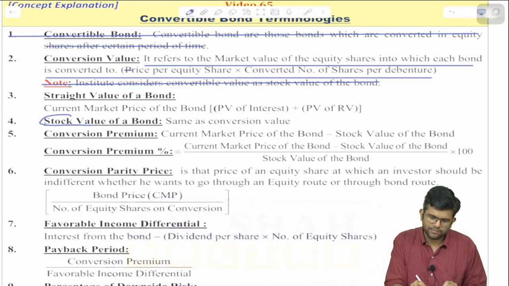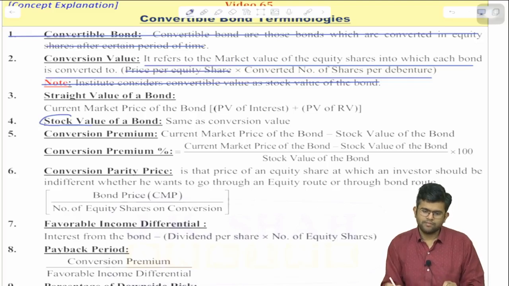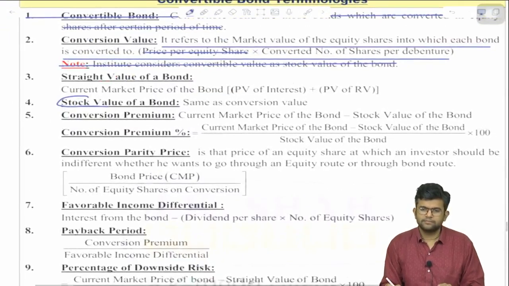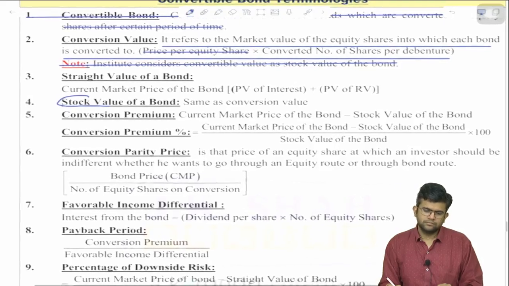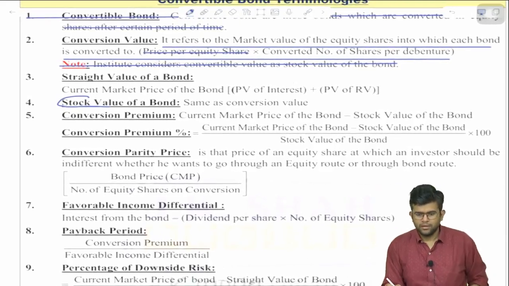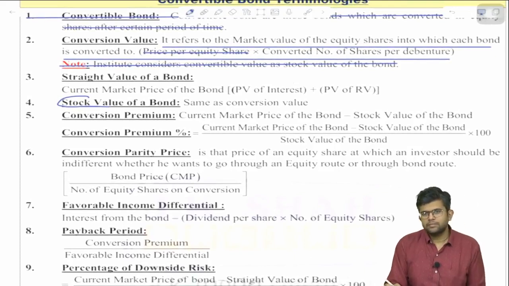Instead of price per equity share, if you are comfortable with MPS, you can write MPS. MPS into converted number of shares per debenture. So point number 1 done.